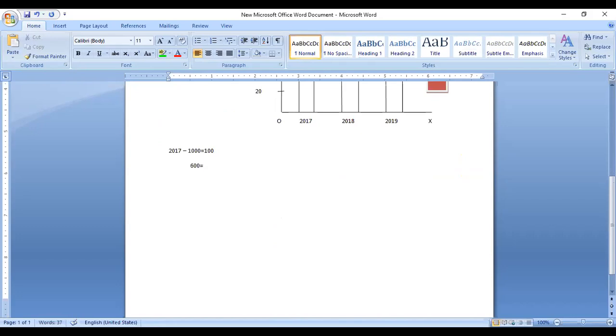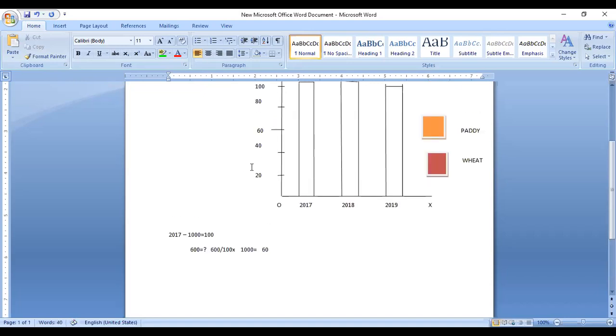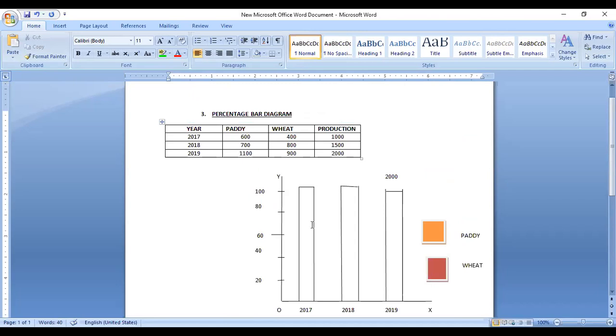We have to calculate: 600 by 1000 into 100. It will be equal to 60. So for paddy, you have to take it up to 60.